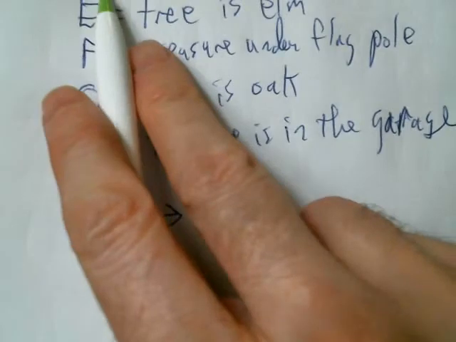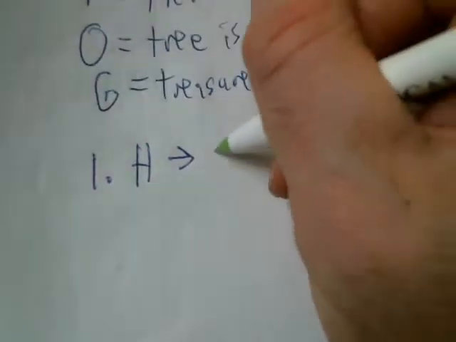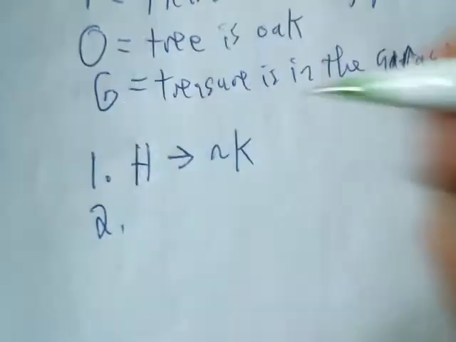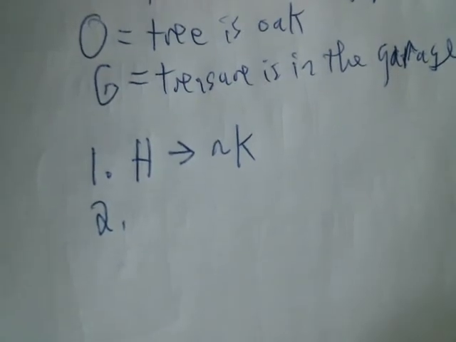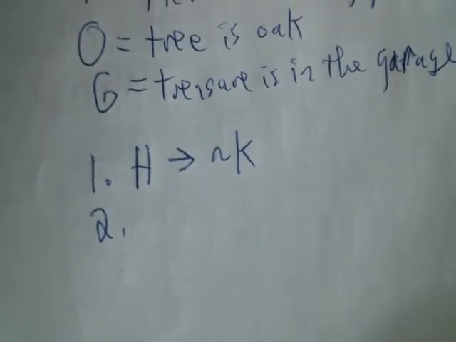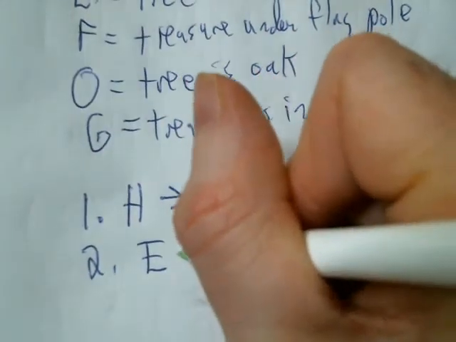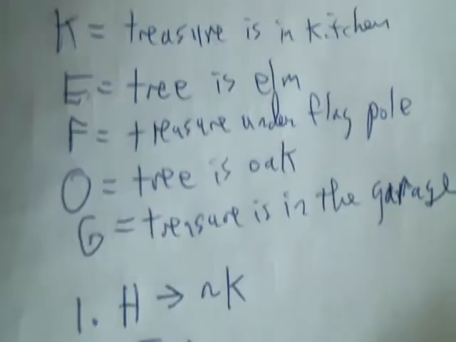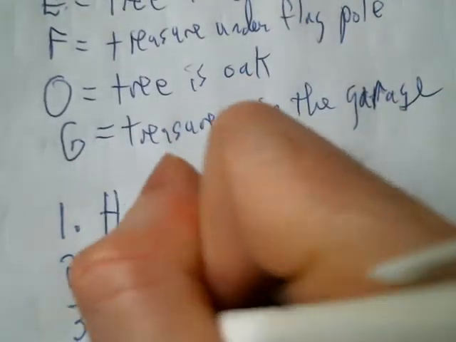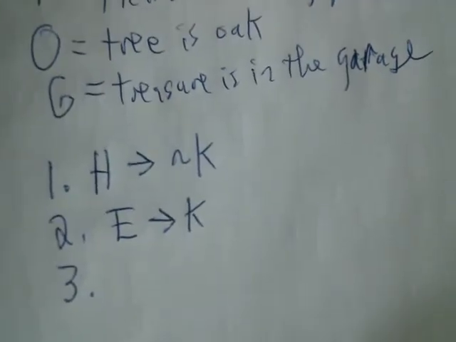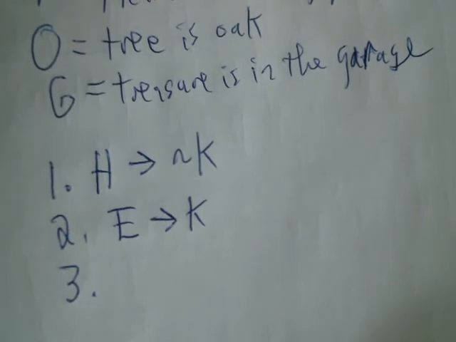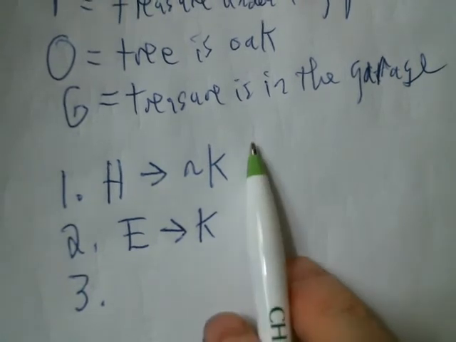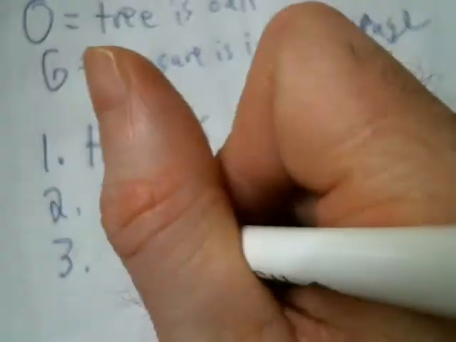The treasure is in the kitchen is K, not in the kitchen means not K. The second statement says if the tree in the front yard is an elm, so E, then the treasure is in the kitchen. So then K. Statement 3, the house is next to a lake. That's H.